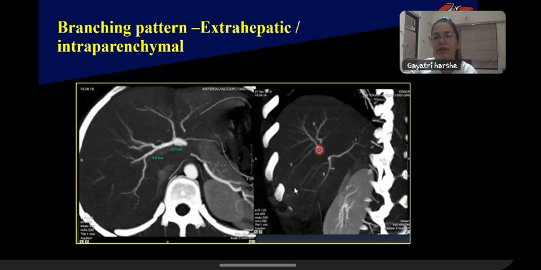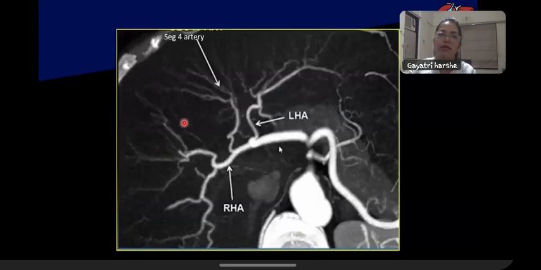With intraparenchymal branching, they can't divide those vessels, so they need some extrahepatic length for dividing the vessel and doing grafting. This is another variation where the segment 4 artery arises from the right hepatic artery.